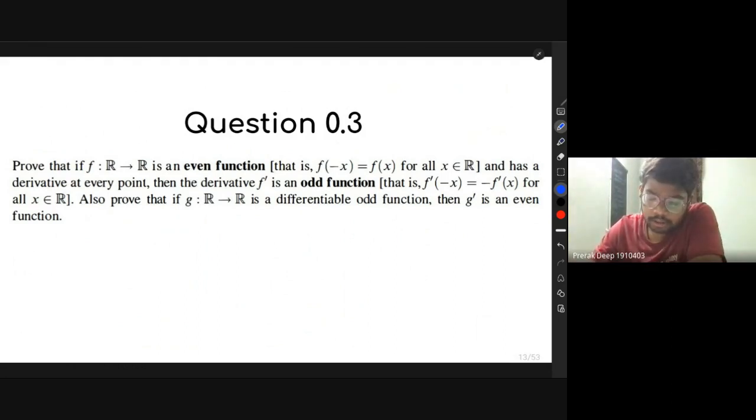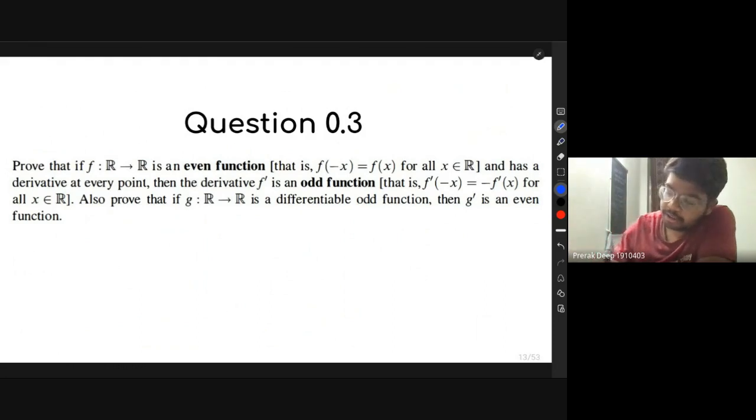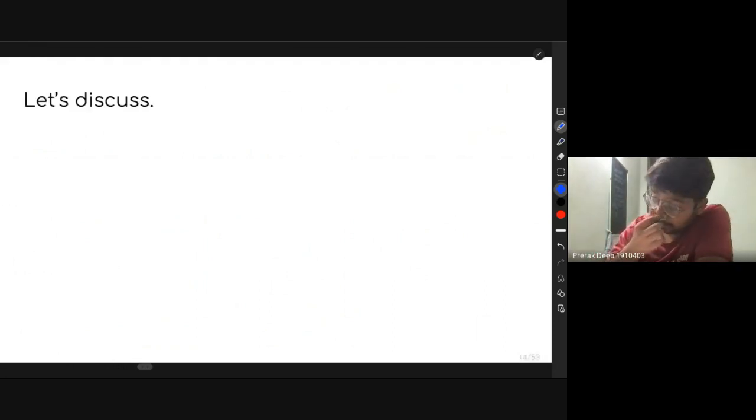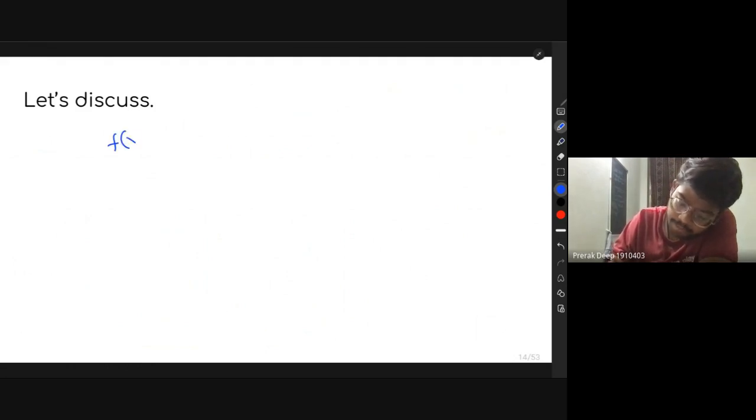We need to prove that the derivative is an odd function. So let us start with an even function. What is an even function? f of minus x is equal to f of x.